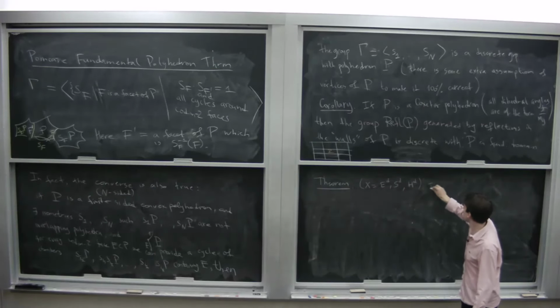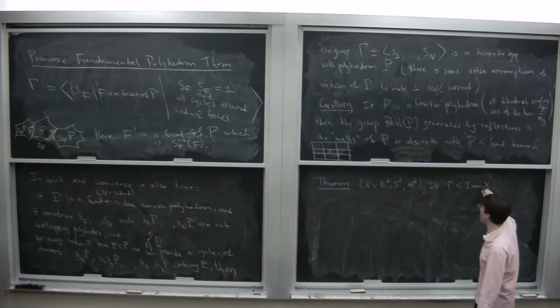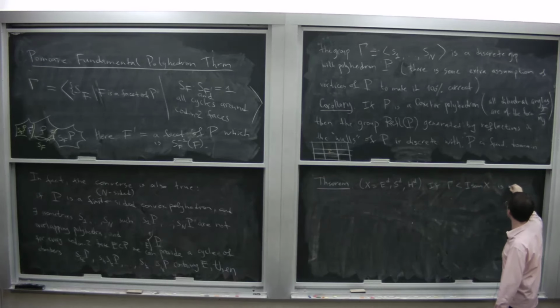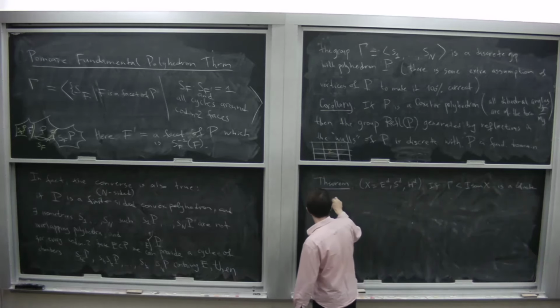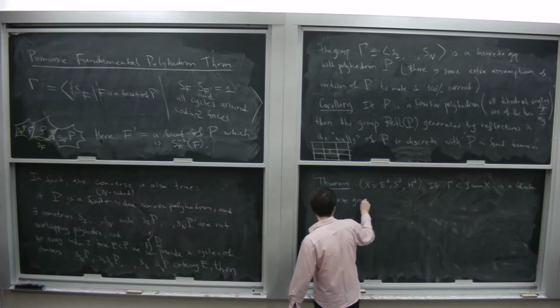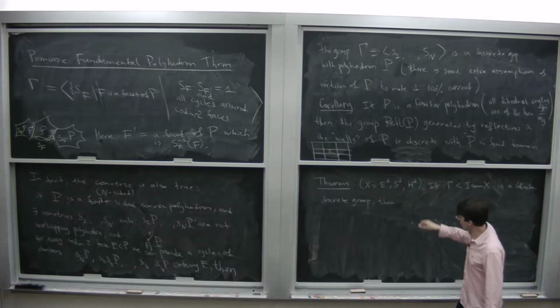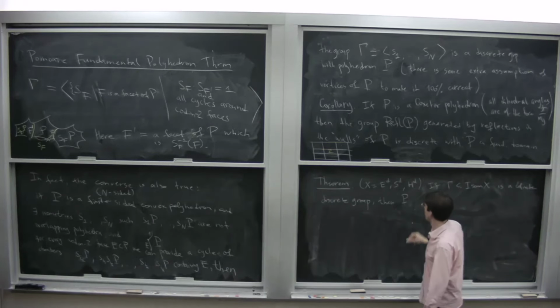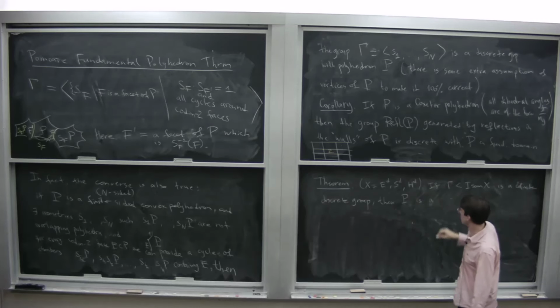So if gamma in Isom X is a cofinite discrete group, then P can be chosen to be a convex hull.